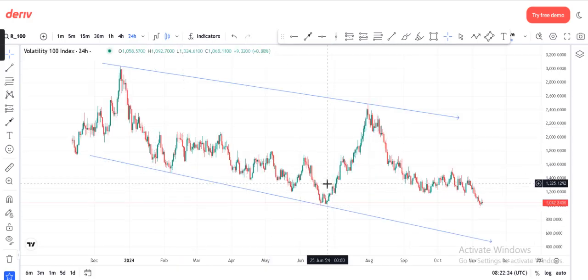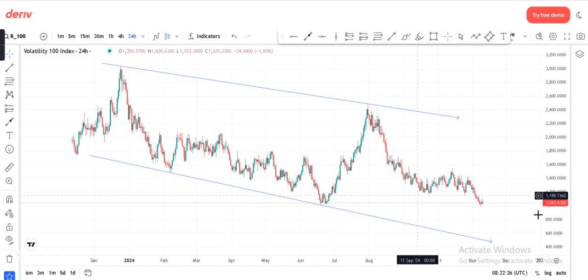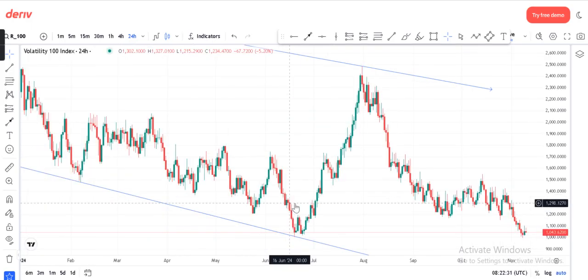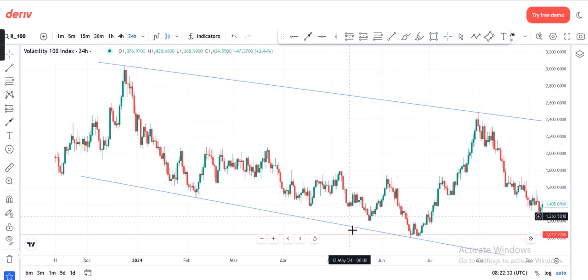This being the case, it has helped us filter this market and give us what we can term an exact analogy on the higher time frame.